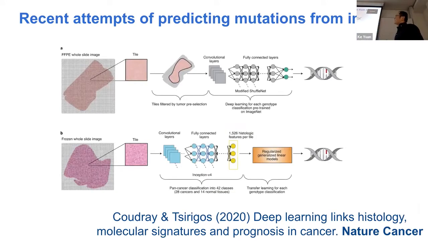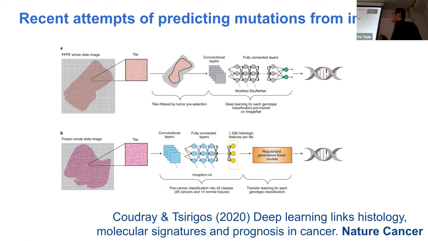Interestingly, I think the emergence of deep learning technology has made us very ambitious in trying to understand the molecular underpinning of pathology images. For example, about 2 years ago, there were 2 concurrent studies published in Nature Cancer.